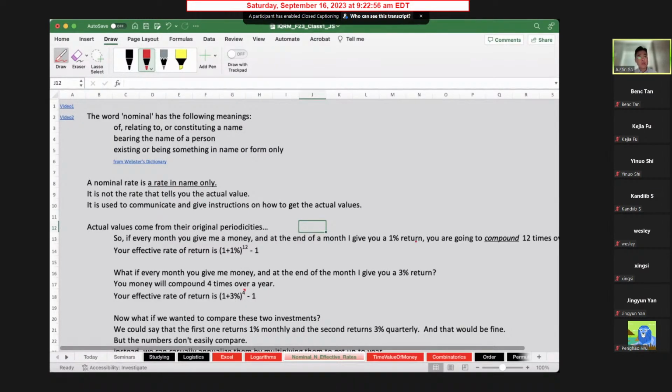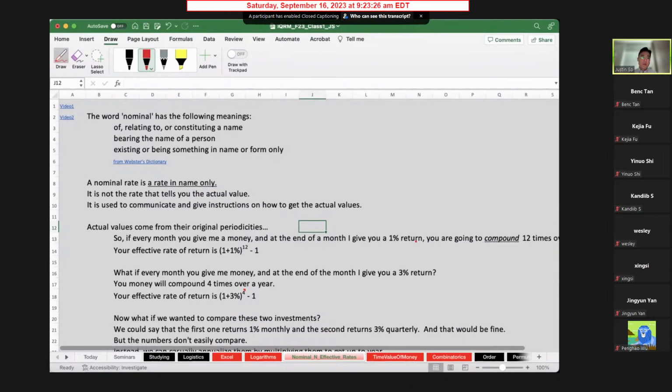In macroeconomics, we use this term, nominal rate, and also sometimes real rate, compared to the nominal rate. In finance, we use the term effective rate more, compared to the nominal rate, because the compounding concept is important in finance and the time value of money.